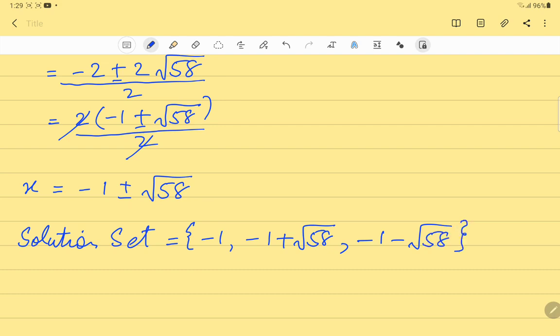These are the three answers in this case. Actually there are 4, but since minus 1 is appearing twice, there is no use of writing the same number twice, so we are writing it only once. And this is the answer of our question.